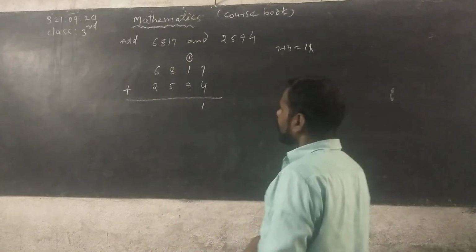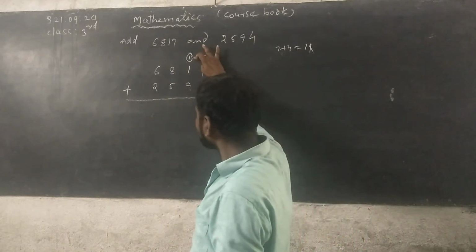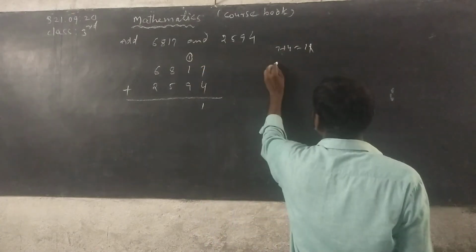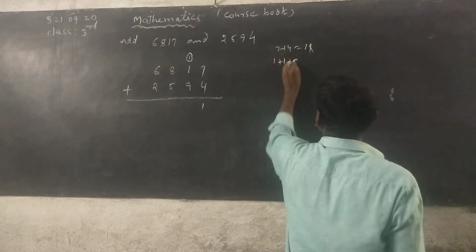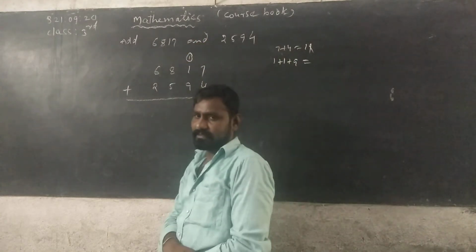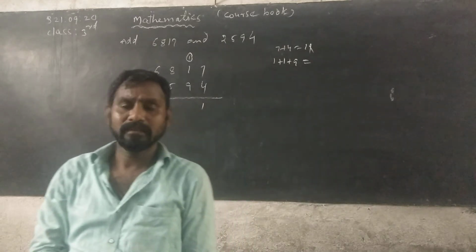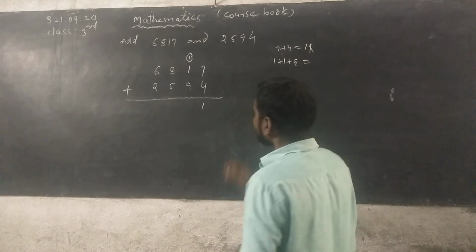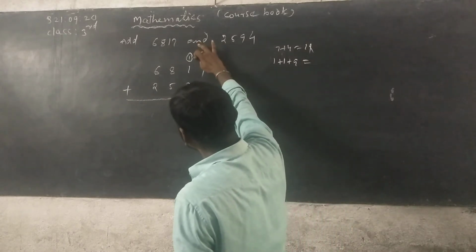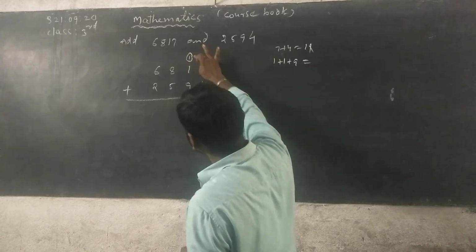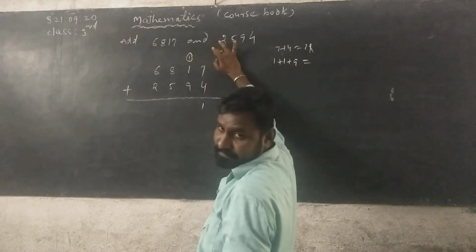See here, this is the carrying 1 plus 9. The digits which are in the tens place, you add second. See here, what are the digits in the tens place? 1 and 9 are the given digits, but this is the carrying digit.